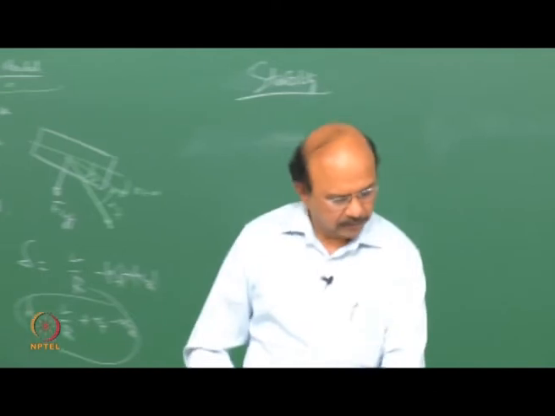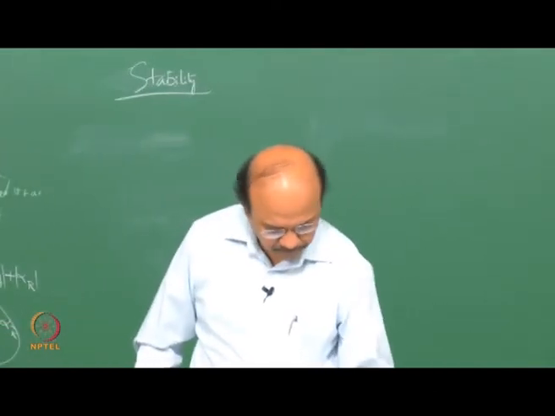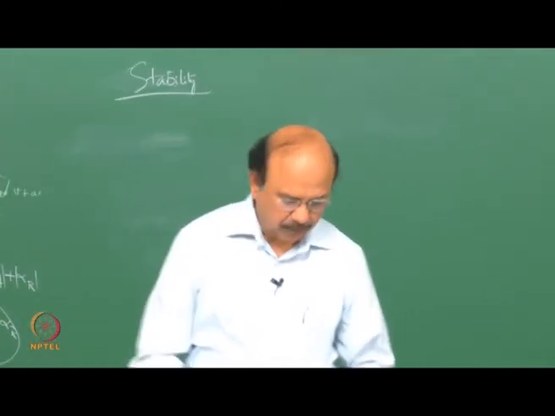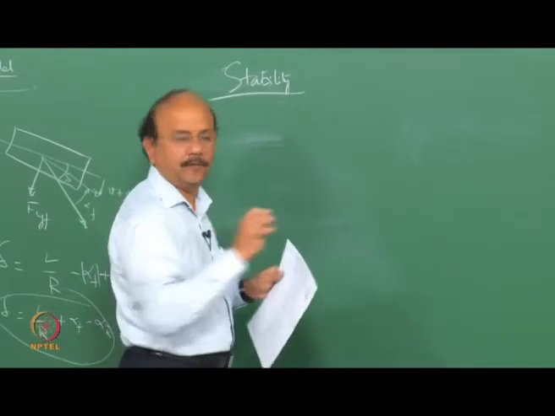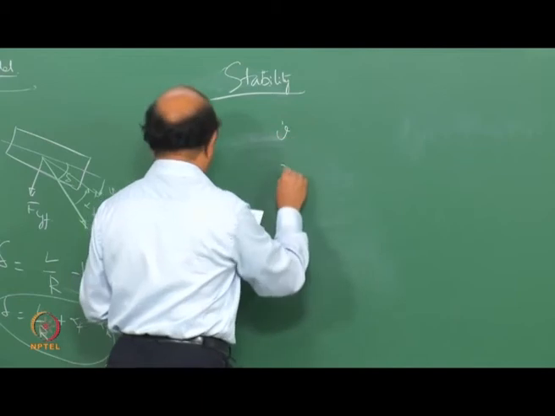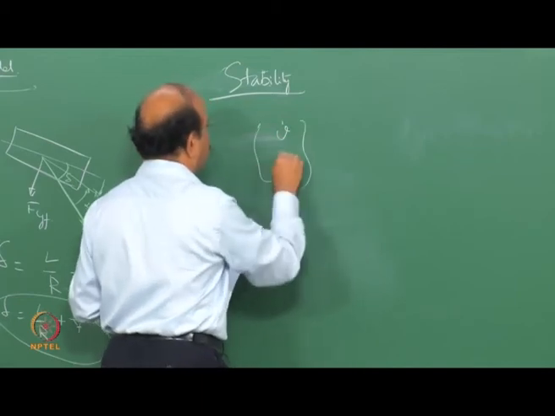So for that, let me go back and see where I left. I had written this in the state space form, right? That's where we left, and we wrote that as V dot, R dot.